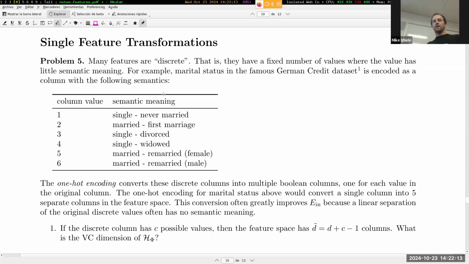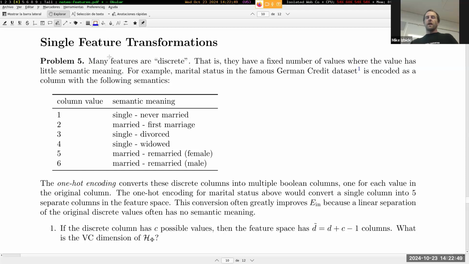One of these values is the marital status value, and it has this rather awkward definition that it can either have a 1, 2, 3, 4, 5, or 6 as its value, and these values correspond to totally random things about single, never married, married, first married, single, divorced, single, widowed, or if it's a 5 and 6, it even encodes the sex of the person somehow. So it's this weird thing that sometimes encodes sex status, sometimes encodes whether somebody's been remarried or not remarried, has a lot of stuff going on inside of here.